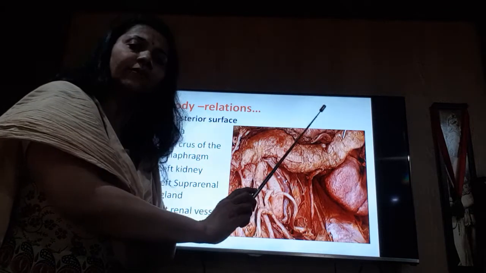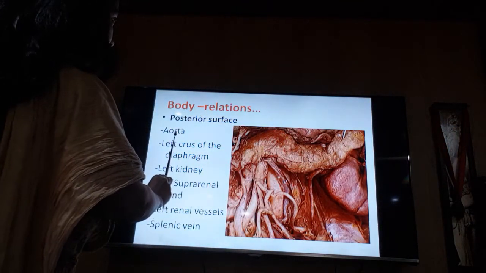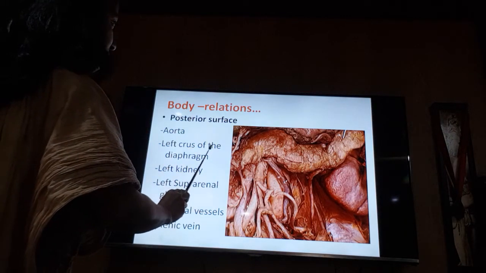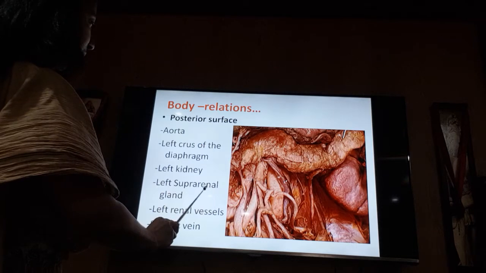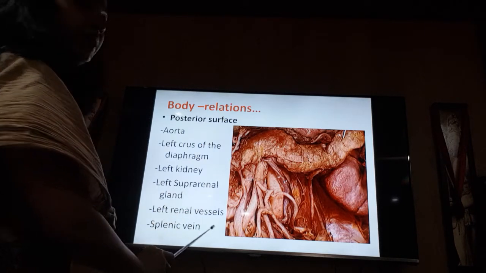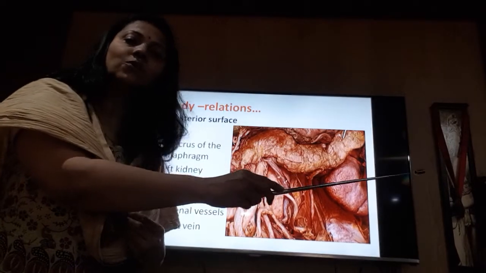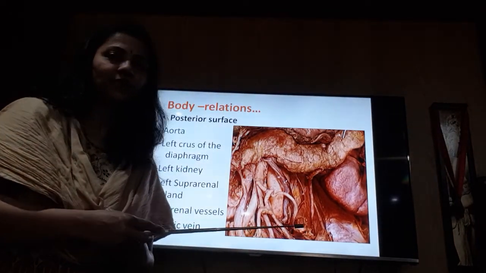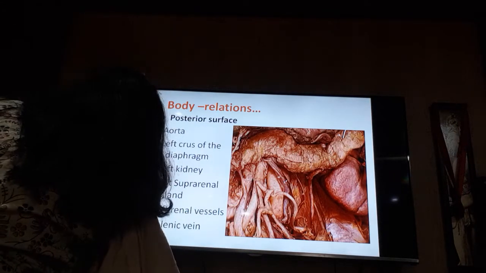So everything is left to which it is related. Except for the aorta, then left crus of diaphragm, left kidney, left suprarenal gland, left renal vessels, then finally splenic vein, because spleen is going to give out a vein which has to be known as splenic vein, isn't it?